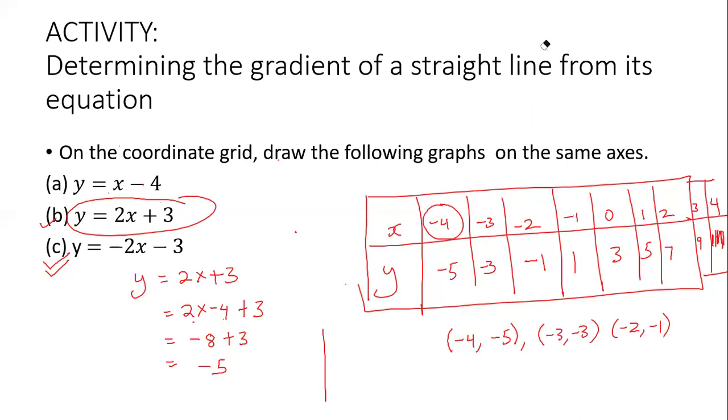We are drawing everything on the same graph. When you finish plotting, just raise up your hand. Make sure you have them. Don't deceive. Negative 5. Do you have them?